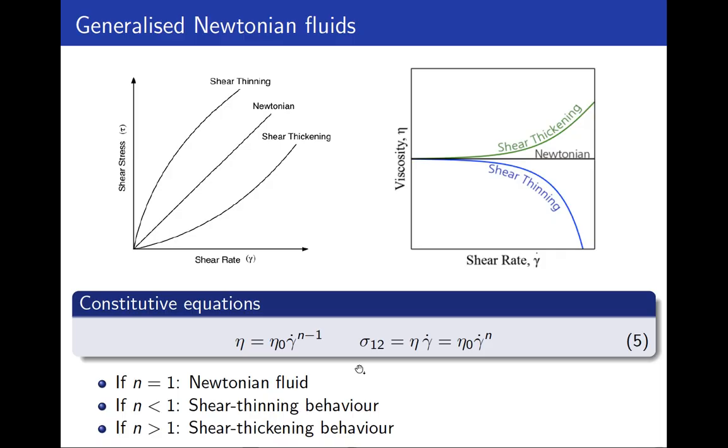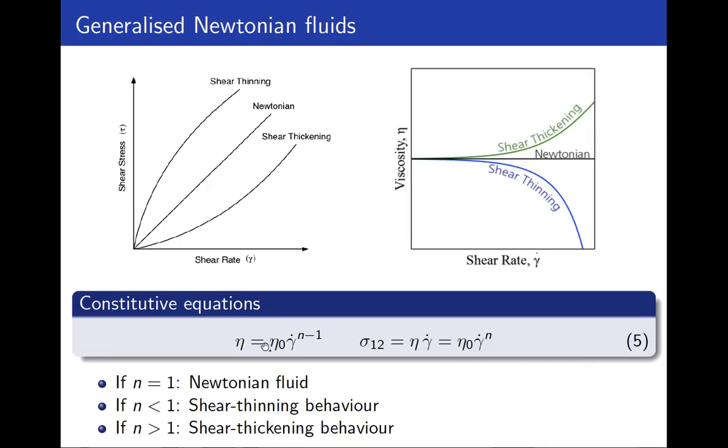But going back to this explanation, the viscosity can be calculated using this equation, which is known as the power law model. And then this shear stress, which is the force applied over a surface material, can be calculated as the product of the viscosity multiplied by the shear rate. As I said before, those quantities.